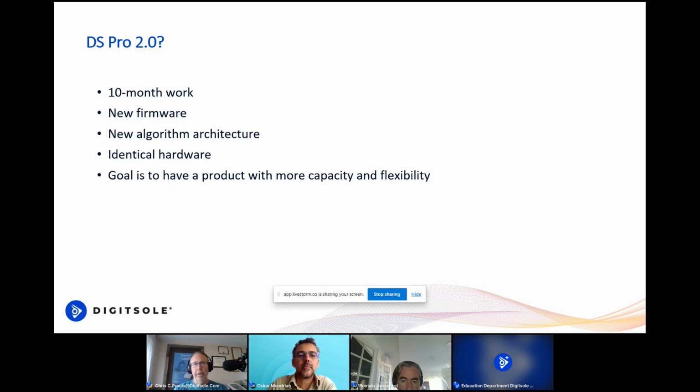Now, it's a firmware upgrade, so we're still using the same sensors, the Digital Pro sensors. For those of us that already had the Digital Pro, it was just an upgrade that we had to run through the apps. This is going to allow us a little bit more capacity and flexibility. We're able to capture more data, and we can get more technical in the computation.